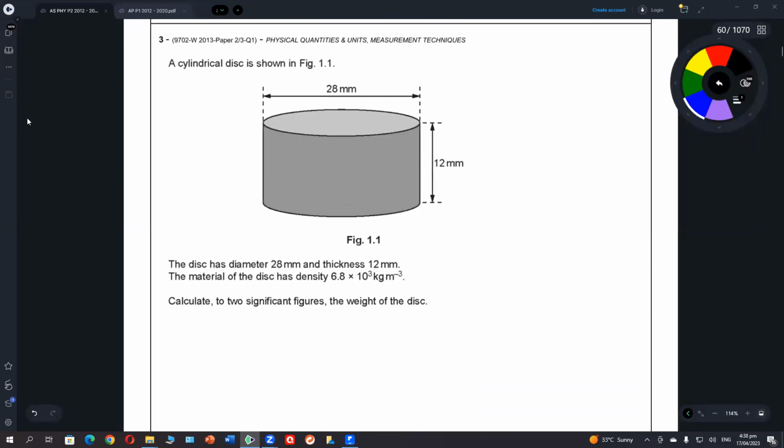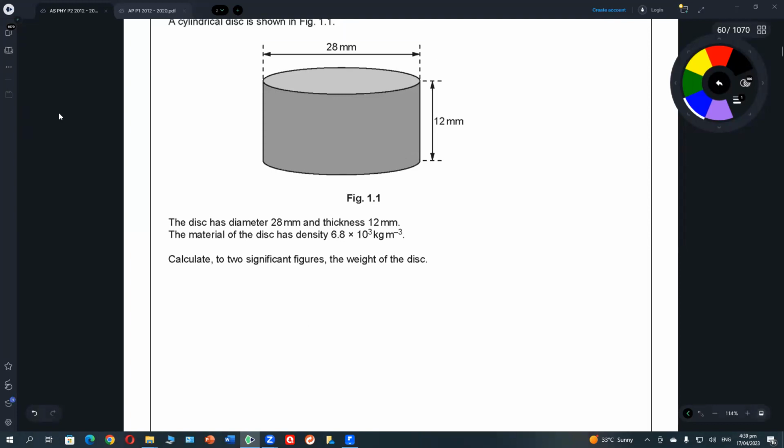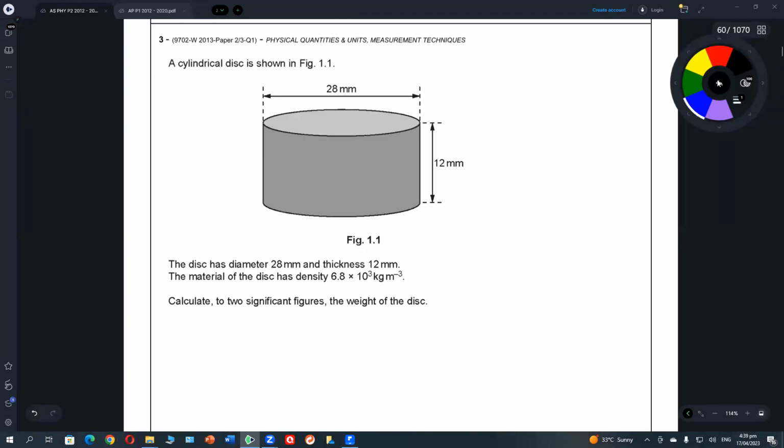A cylindrical disc is shown in the figure. The disc has diameter 28 and thickness 12. The material of the disc has this density. Cylindrical is the shape. Find the weight of the disc. Density is equal to mass upon volume.